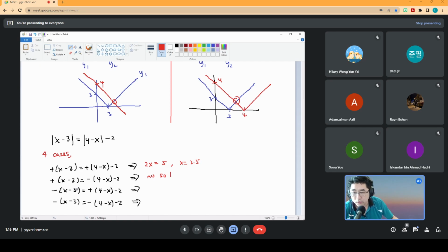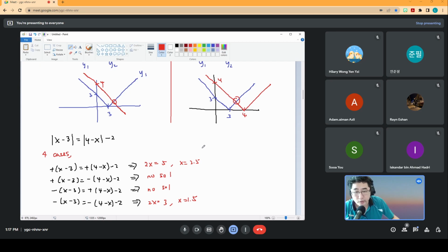This one minus x and minus x, this one also no solutions. This one minus x plus x, so this one I have a 2x equals minus 4 minus 2 minus 6, bring it over, become a 3. So x equals 1.5. This suggests we have two solutions.